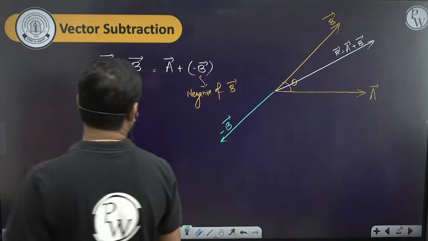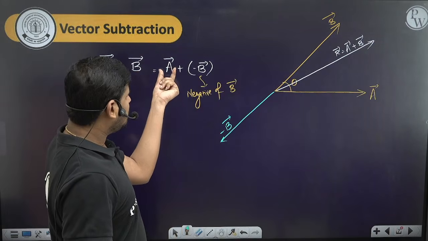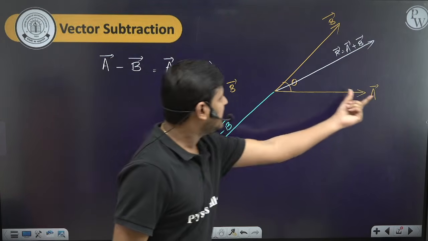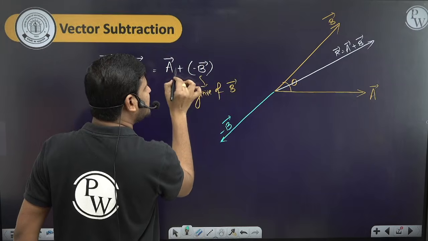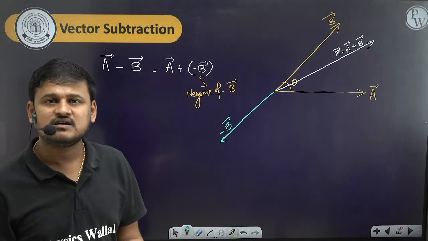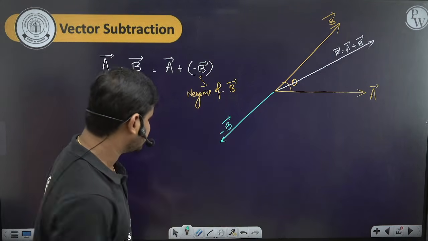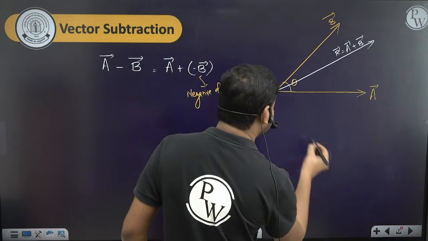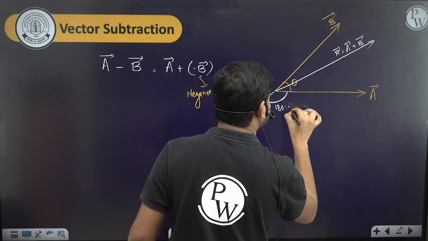Now to get the subtraction, I'll simply add A vector and minus B vector. If I add them, I am going to get the resultant. That's it. So I have the A vector and I have the minus B vector. So what's the angle going to be? This angle is going to be 180 minus theta, obviously.